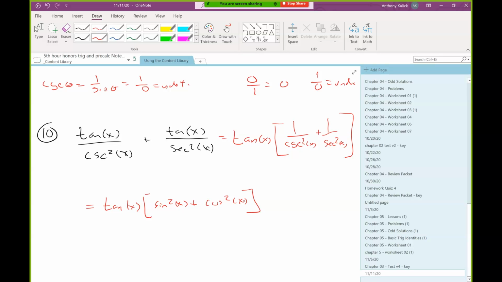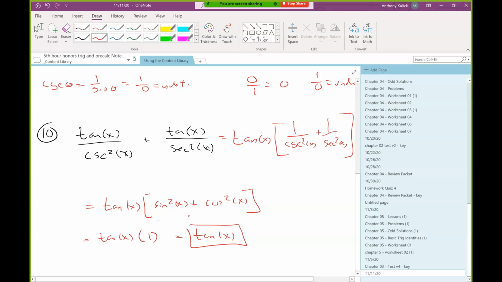Okay with that, Victoria? And then sine squared plus cosine squared is just 1. And 1 times tangent is just tangent. Okay there?